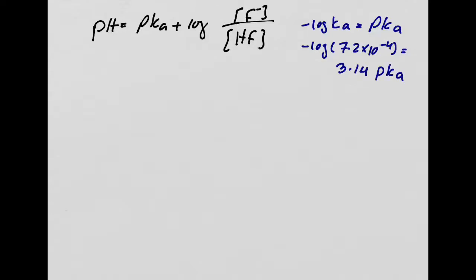So far so good. So here I have the pKa, which is 3.14, plus log. What is my HF concentration? If you look at the problem, my hydrofluoric acid concentration is 0.25 molar, and my fluoride concentration, my conjugate base concentration, is 0.45 molar.